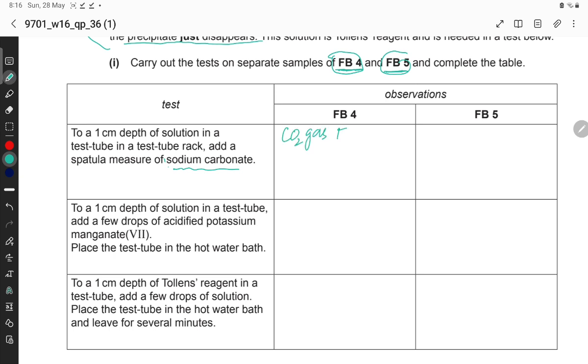Observation: effervescence, turns lime water milky. In FB5 the same observation: effervescence of carbon dioxide, which turns lime water milky when it passes through lime water.